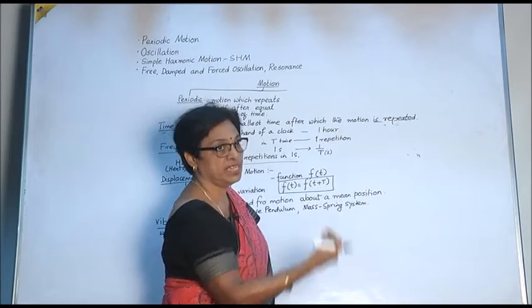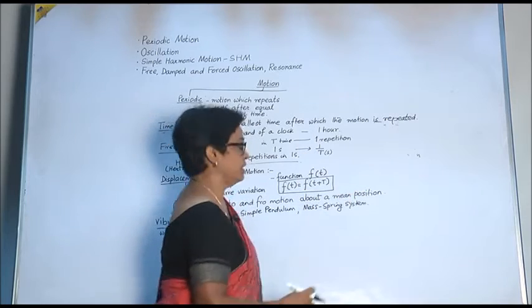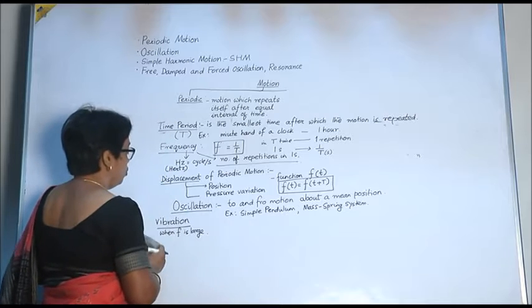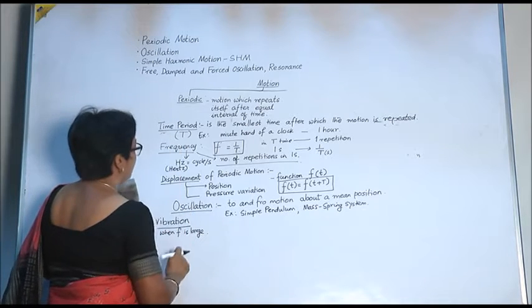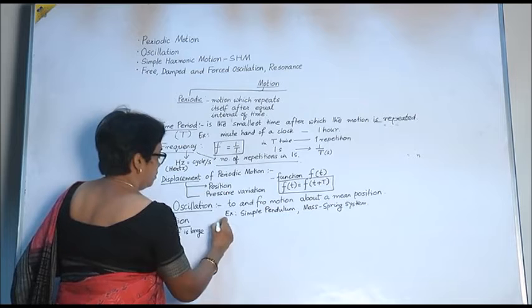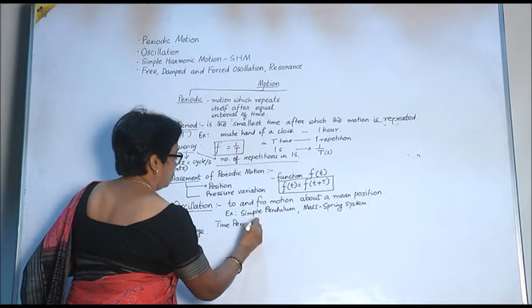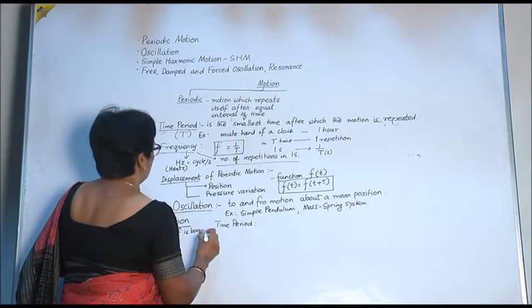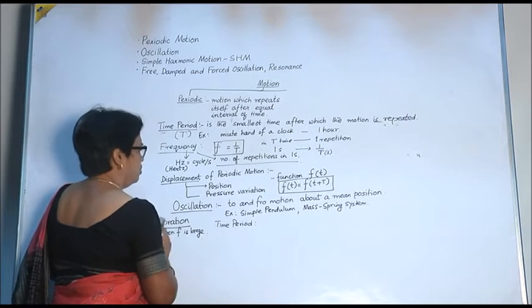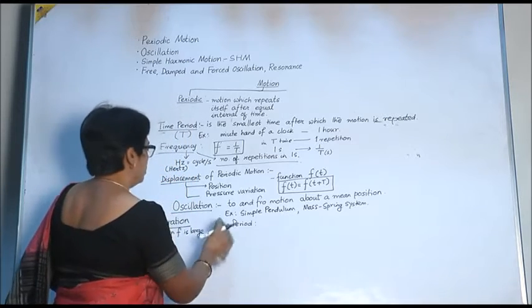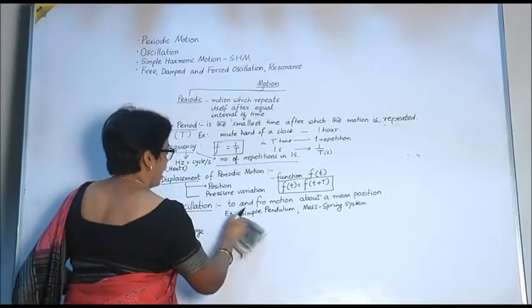The motion may be vertical or horizontal. Both are oscillations. So, in case of oscillations, similarly we can define time period. We can define, okay, better going to oscillations, let me come directly to simple harmonic motion.